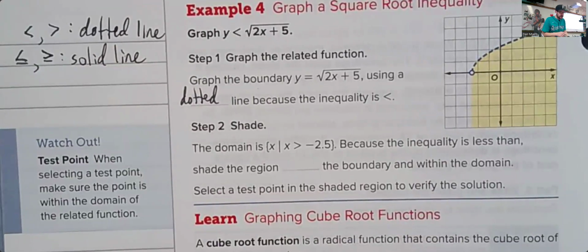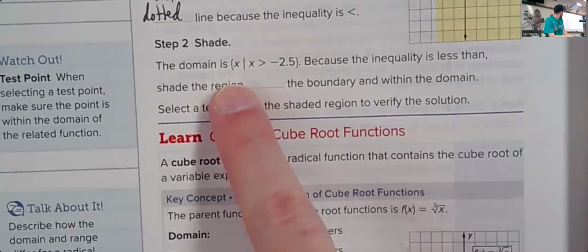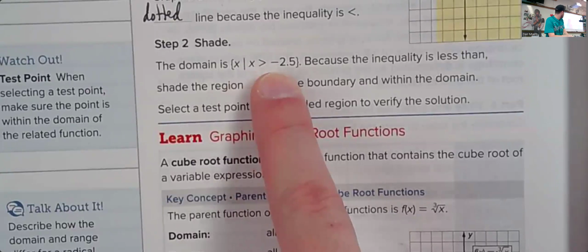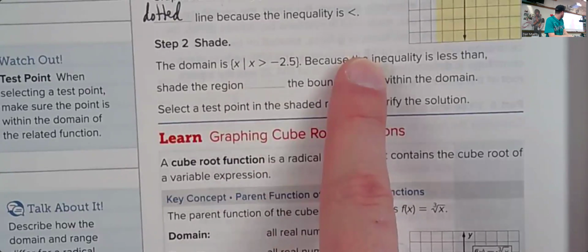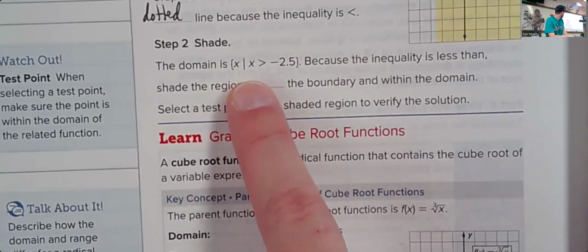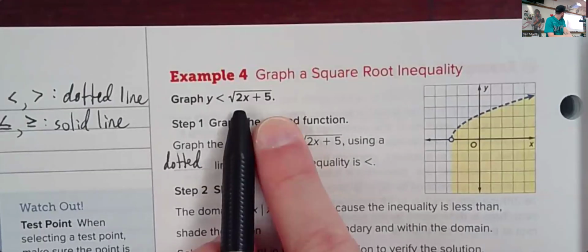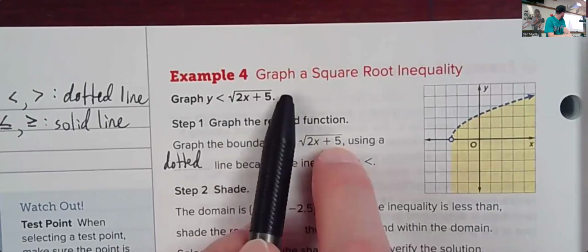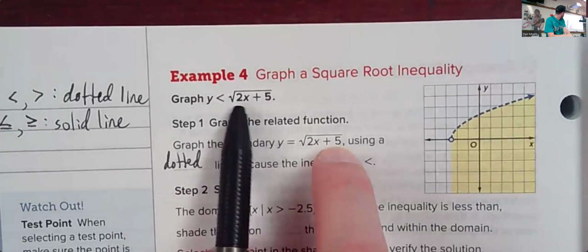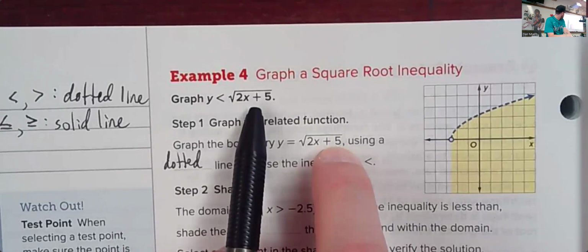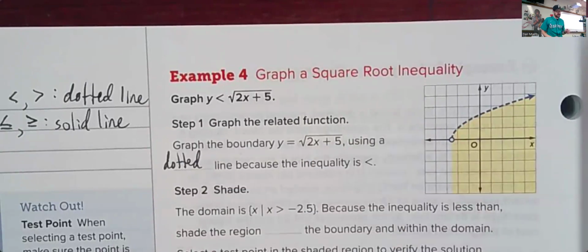The domain on this one is x is greater than negative 2.5 because the inequality is less than, which means, if you take a look here, we would look at this and we would say this needs to be greater than or equal to 0, right? So 2x plus 5 is greater than or equal to 0.